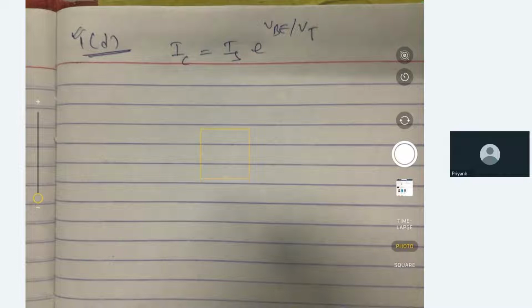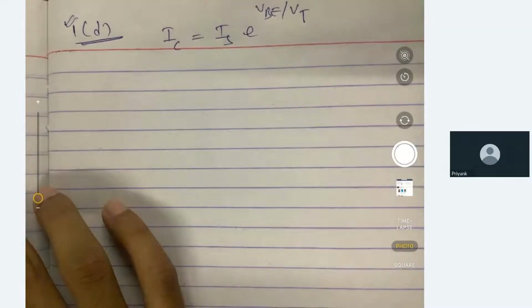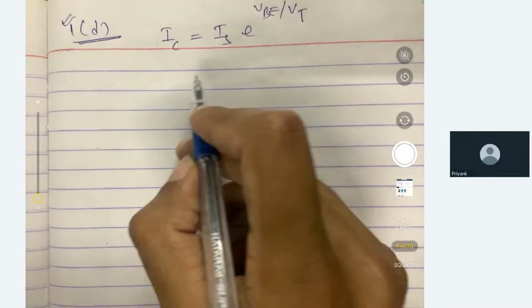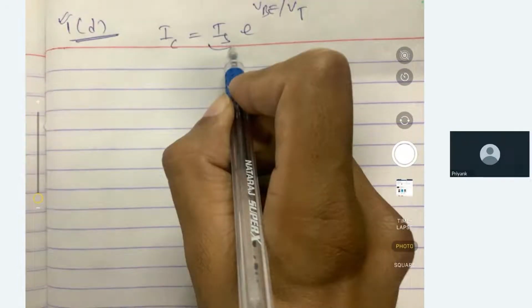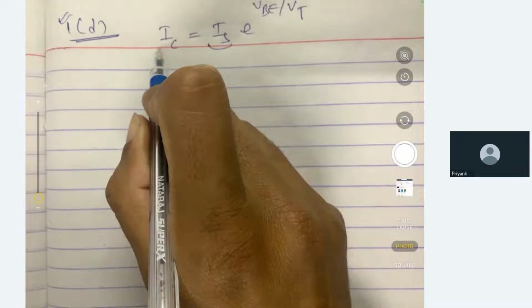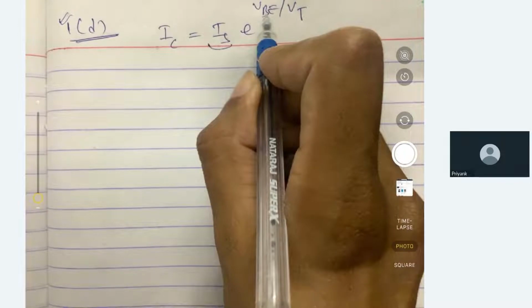VBE is the base emitter voltage. And here we have to solve the circuit as well. They are saying find the value of reverse saturation current, find this IS for the value of IC given, but we require to find VBE. So VBE we will find from the circuit.